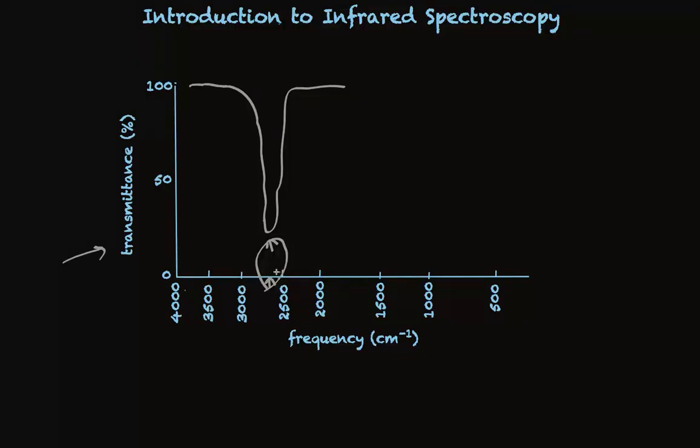Now, what we said is, when we looked at springs, the frequency of absorption was dependent on the strength of the spring and the weights at the ends.